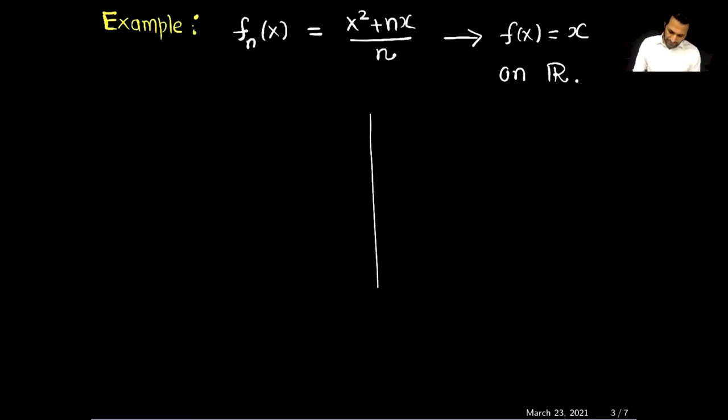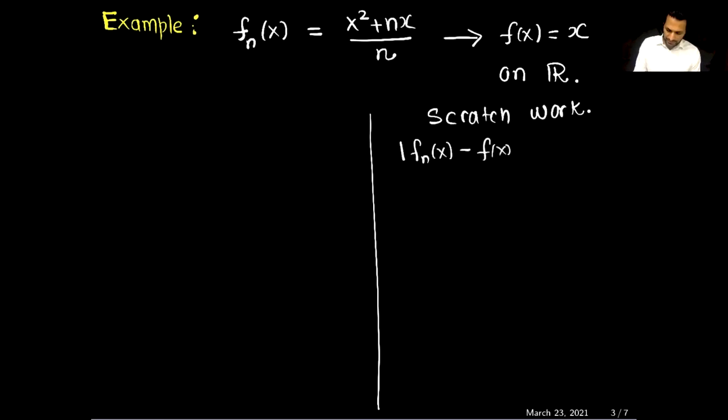So if you want to use the definition to prove the pointwise convergence, first we need to do some scratch work. So scratch work is, we would like to show that the distance between the sequence and its limit must be less than epsilon, and this happens when I choose my n bigger than some capital N. And this capital N I need to find.